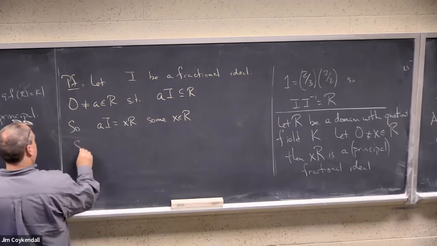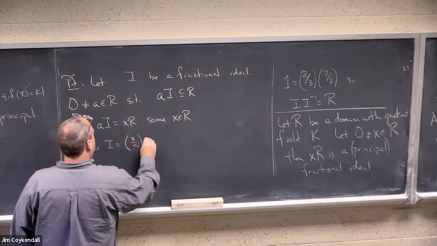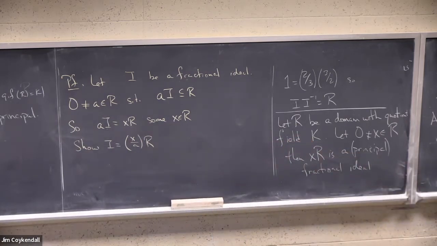I'll leave it to you to show this; it's pretty easy. So in fact, what this shows is that if you have a PID, my arbitrary fractional ideal was principal, and we already know the principal ideal is invertible. So for a principal ideal domain, every nonzero fractional ideal is invertible.